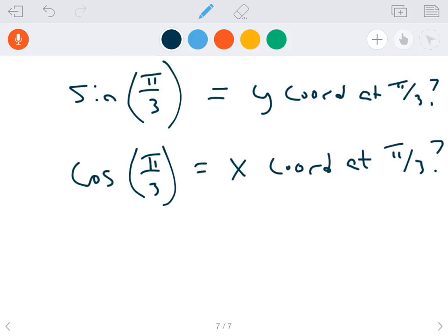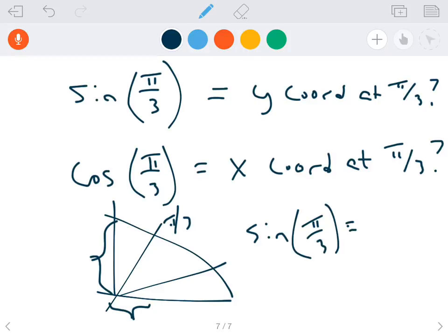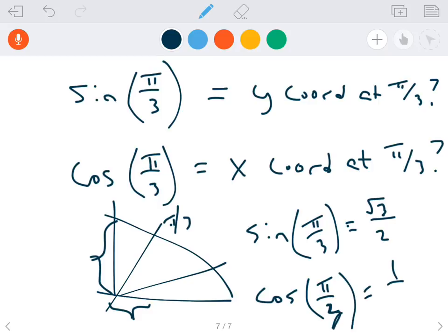And so, to answer either of those questions, I, in my head, do a quick sketch of the unit circle. I know that's pi over 6, so that one must be my pi over 3. My y-coordinate is bigger than my x-coordinate, so my sine is bigger, so that's the square root of 3 over 2. And my x-coordinate is smaller. Oh, that's a 3. So that must be 1/2.